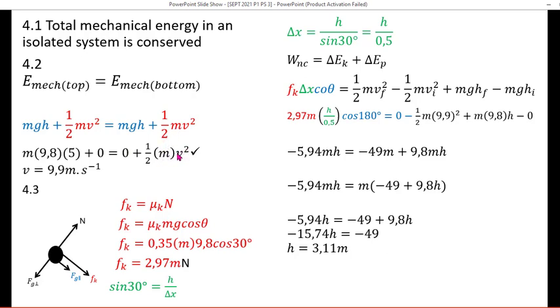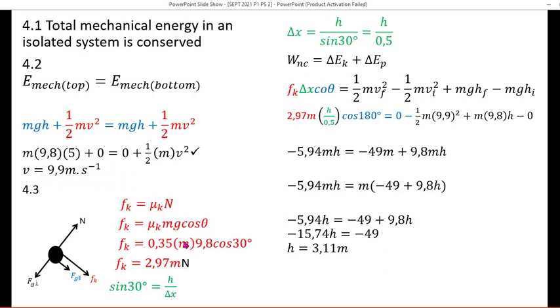So we find that there is m on the left hand side, and also m on the right hand side. When we divide through by m, the m term will vanish, and then we have only numbers and an unknown variable, which is v squared. And when we use the calculator properly, we'll find that the speed at point B is approximately 9.9 meters per second.